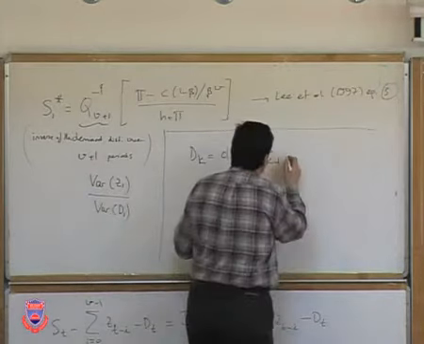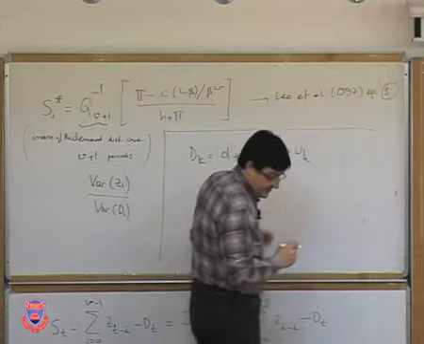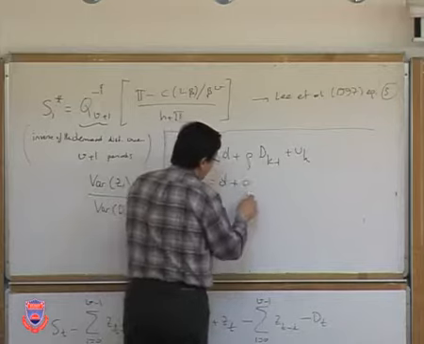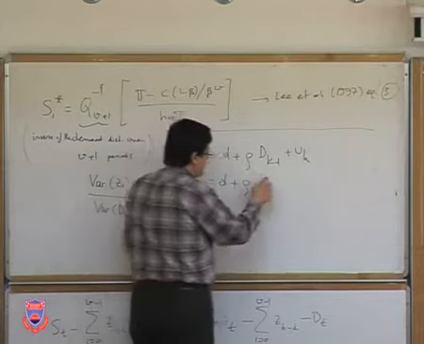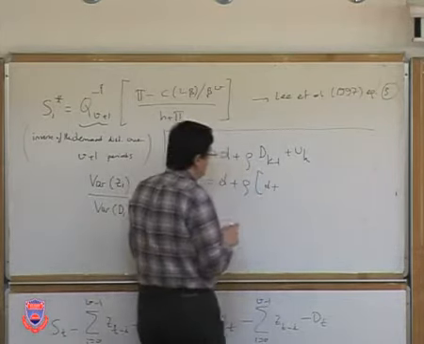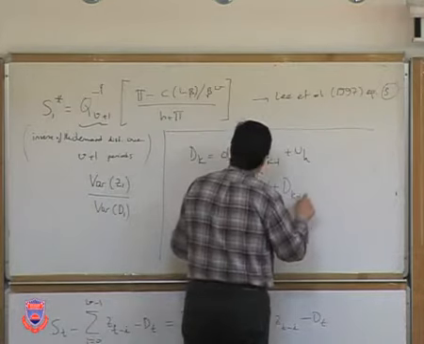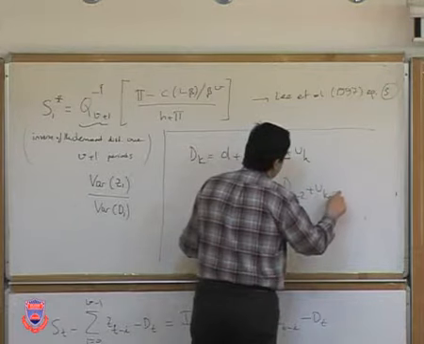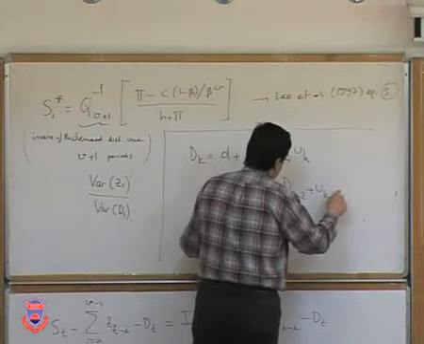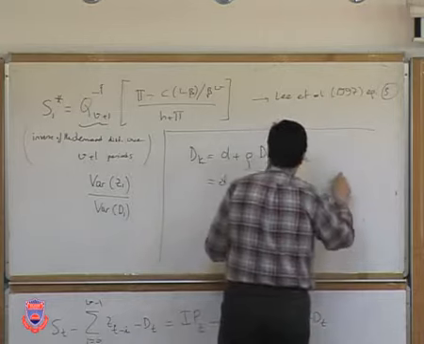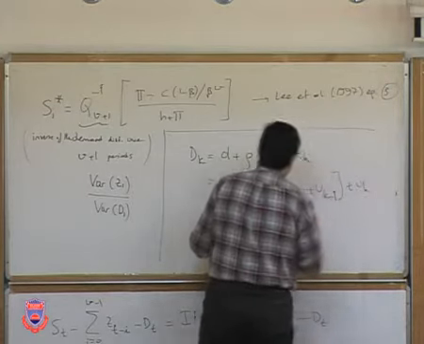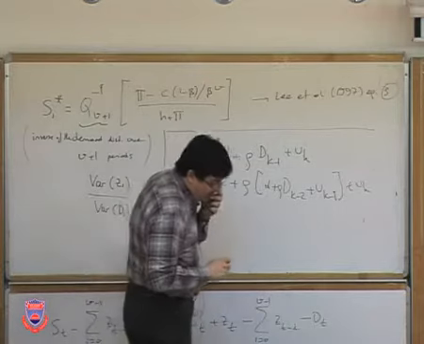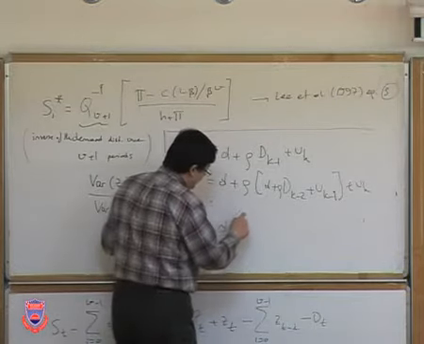This is the demand relation. And now you see that I can rewrite dk minus 1 using the same relation. So this is going to be d plus rho times dk minus 2, plus uk minus 1, plus uk.